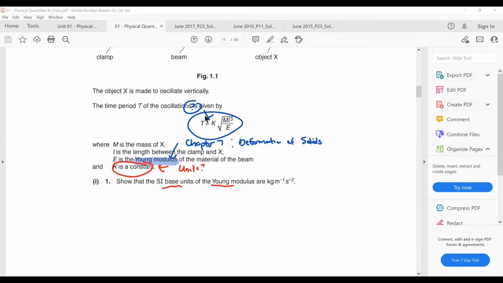The way to go about this is, with the assumption that you have completed the syllabus, you should have known that E, Young's modulus, is actually stress over strain, which is force over area, and then change in length over original length.